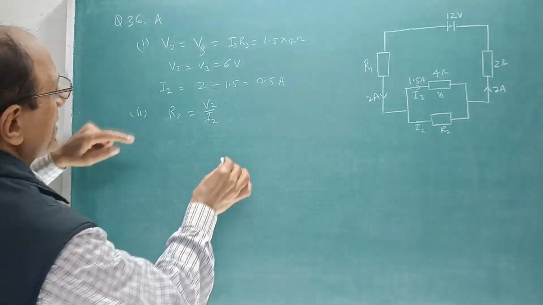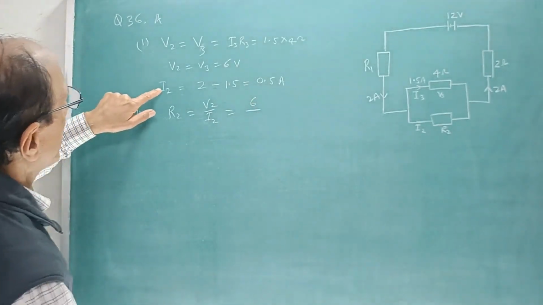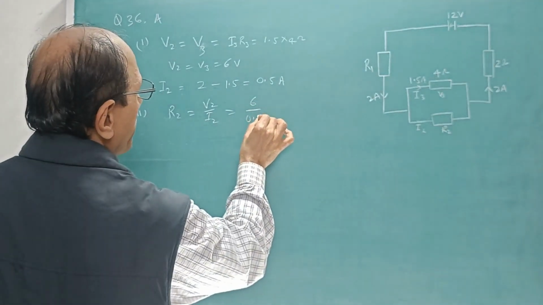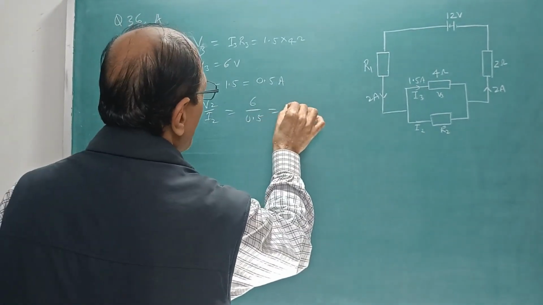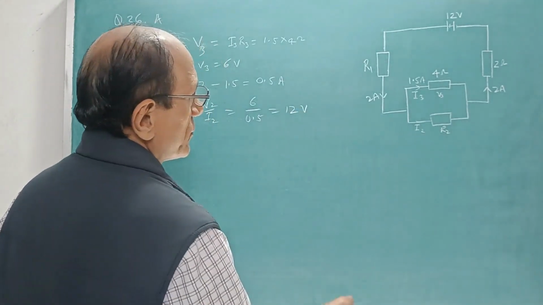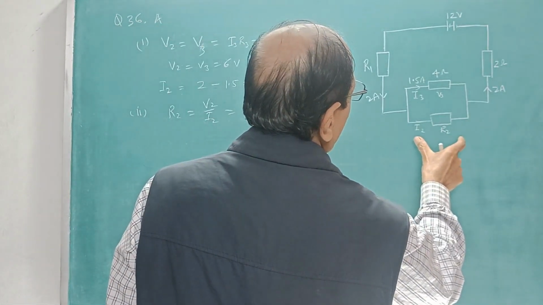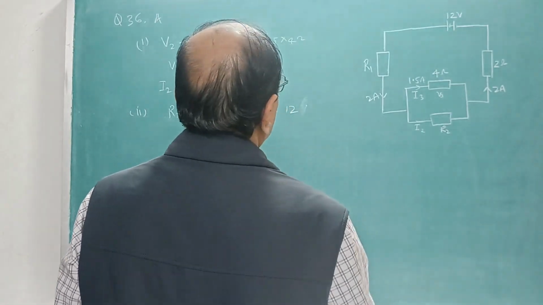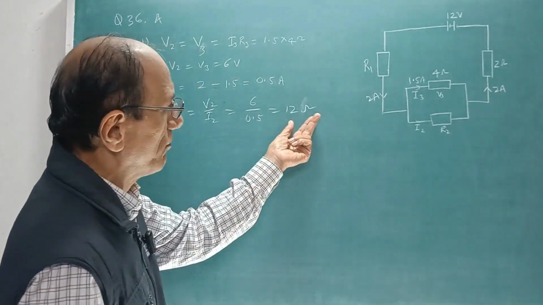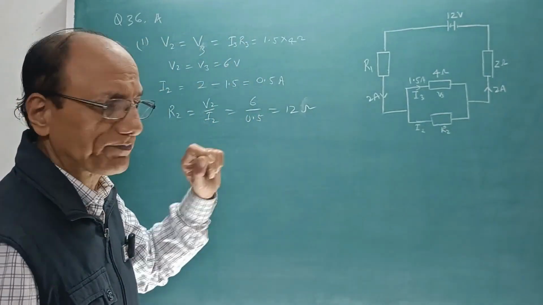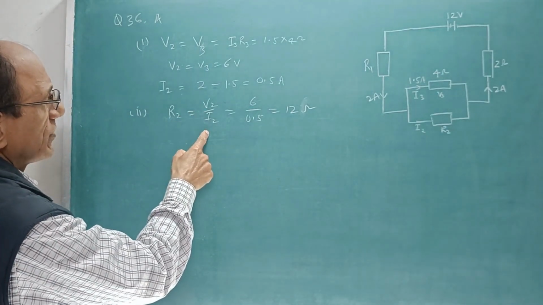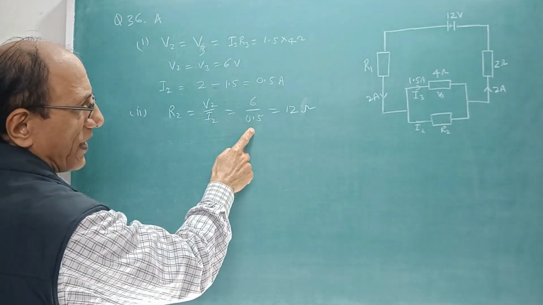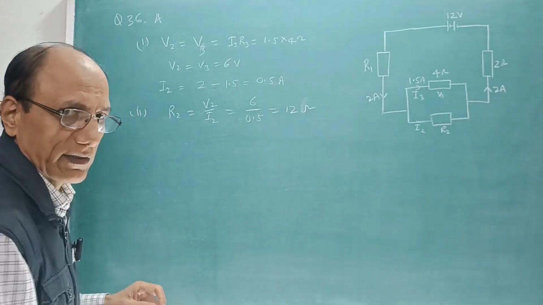So V2 is 6 and I2 is 0.5, so that is equal to 12 volt. Sorry, this is not volt, this is resistance, 12 ohm. So R2 equal to V2 by I2, that is 6 upon 0.5, that is 12 ohm, not volt.